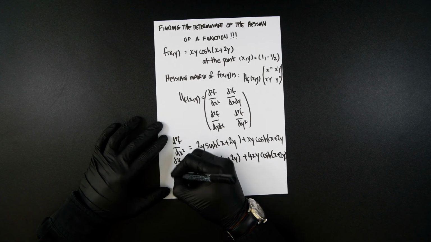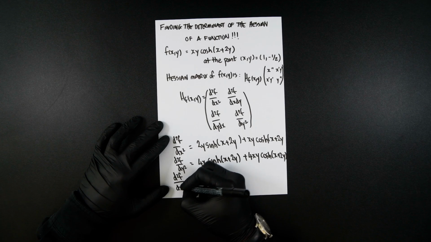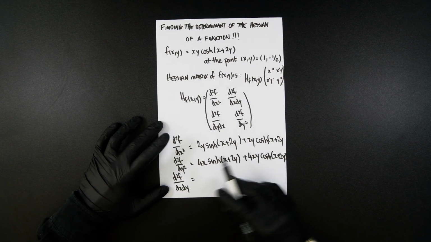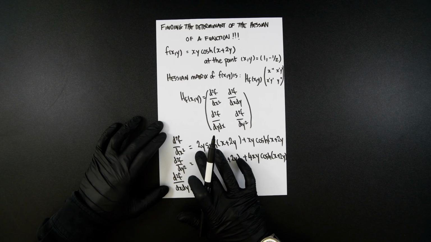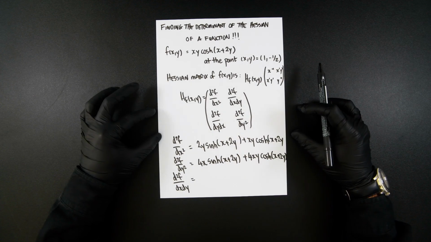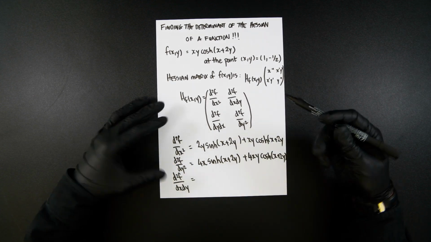And now finally, we're going to do d squared f over dx dy. To do this, you would take df over dx, you'd have that value, and you would then do the partial derivative of that in terms of y.